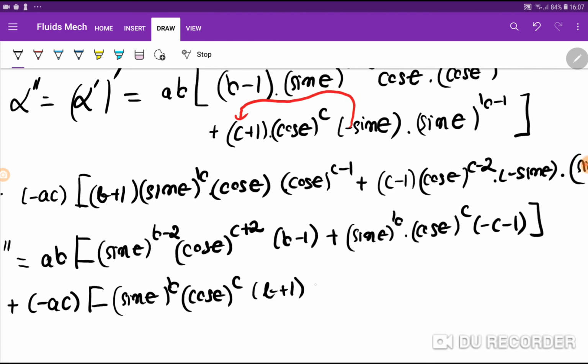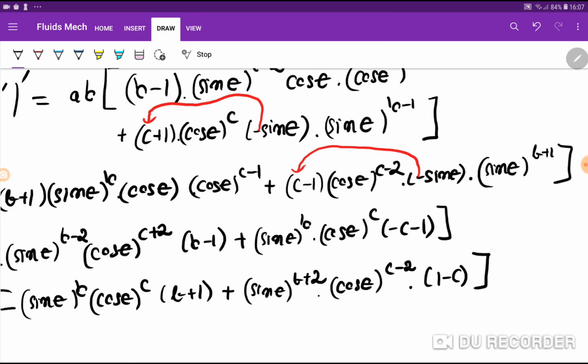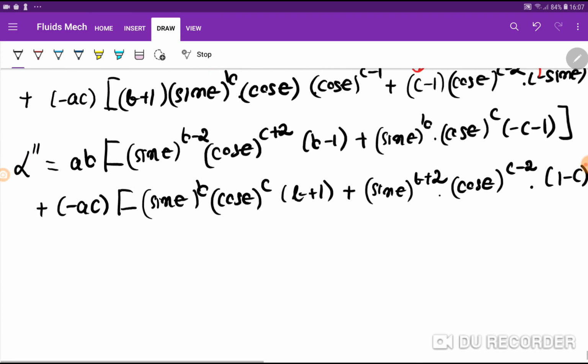And then plus sine phi, the same rule. I'm going to put this negative sign here and disregard it, so sine theta to the power of b plus 2 times this. Guys, you have to be very careful, because it is cos theta to the power of c minus 2 times 1 minus c. You just flip it. Now you expand it.